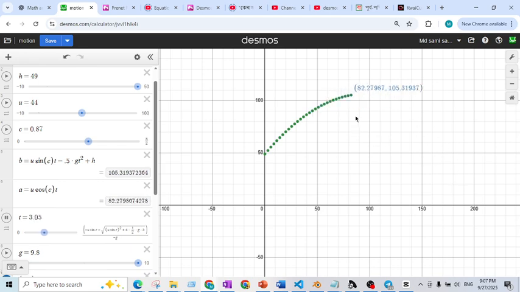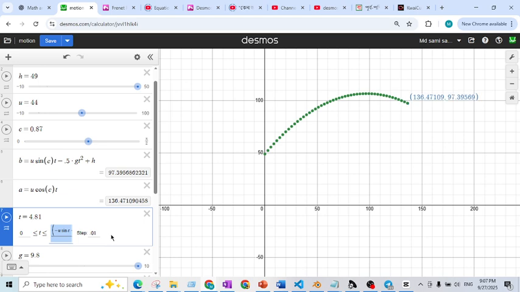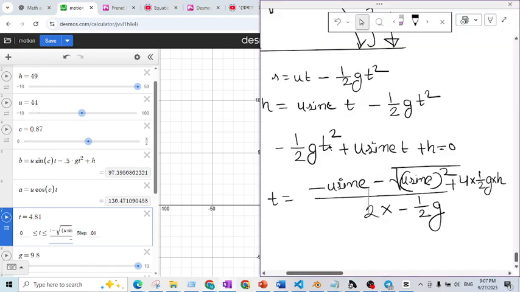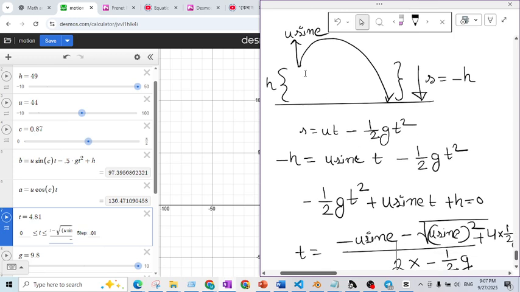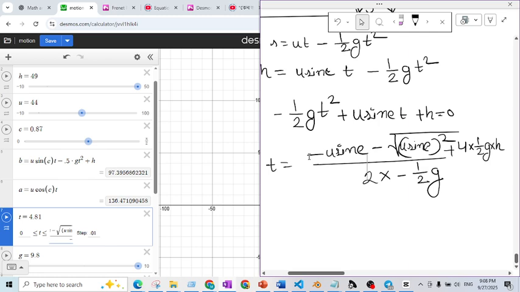So I have set the final time. This is actually the final time. I have used an equation like this to find the time when the object will hit the ground, and the formula looks like this.